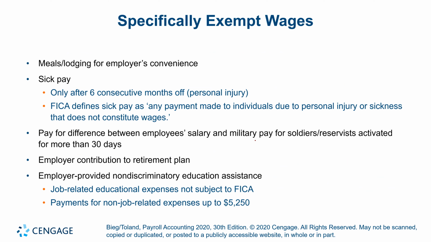For example, if we had to pay one of our salespeople to fly to Chicago, and maybe they had meetings 3 days in a row, then it would be at the employer's convenience to pay for them to stay in Chicago for 3 days straight, instead of flying back and forth 3 different times, right? So if it's for the employer's convenience, those are exempt.